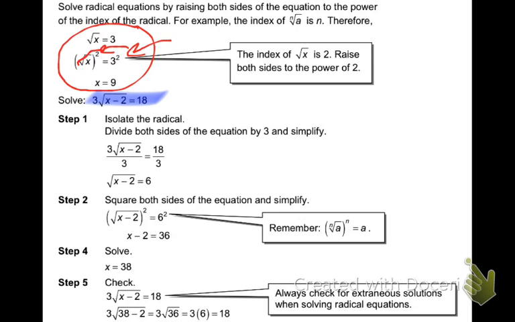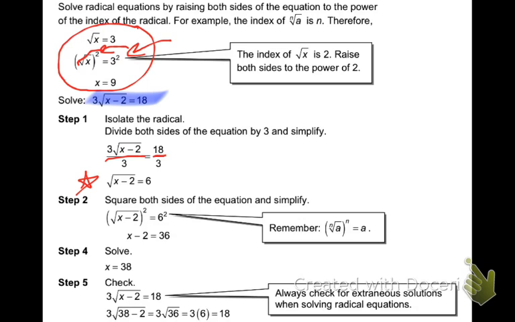Now this next one's a little bit tougher, because there's more to it than just a square root. It's 3 square root of x minus 2 equals 18. You want to first get the square root alone. So what do they do? They divide both sides by 3. Now I have the square root of x minus 2 equals 6. Getting the square root alone is the first step to these problems. Once I have the square root alone, I need to undo the square root. What's the opposite of a square root?